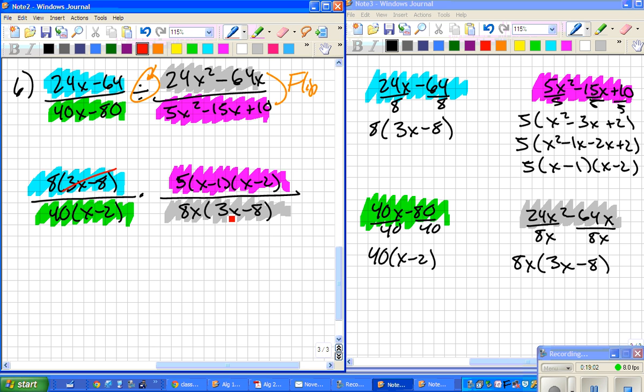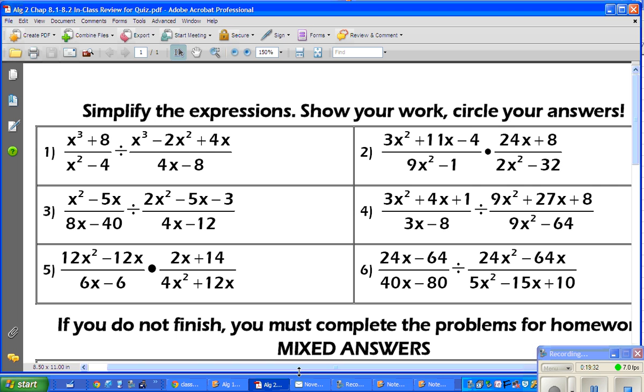Okay, so start canceling out the things that I see, the 3x minus 8, the 3x minus 8, the x minus 2, the x minus 2. Let's see. 8 times 5, I know that 8 times 5 is 40. So I can cross out the 40 and the 40. And the only thing that's left now is on the top we have x minus 1, and on the bottom 8x. Okay?